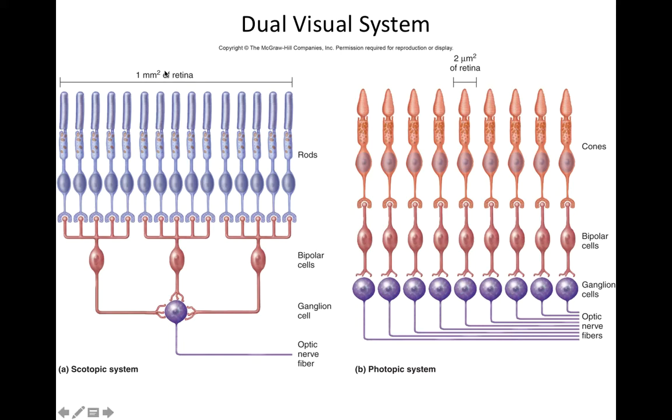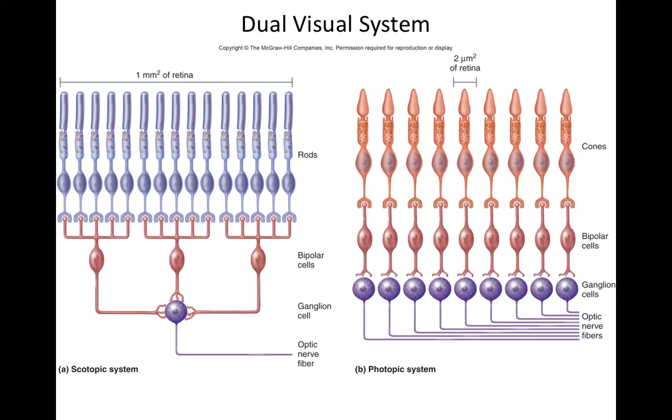We look at 1 millimeter squared of the retina. There are a ton of rods there. And here we're looking at 5 of these rods converge their signal onto 1 bipolar neuron. So you have 3 bipolar neurons within this 1 millimeter space, and they all converge on a single ganglion cell.